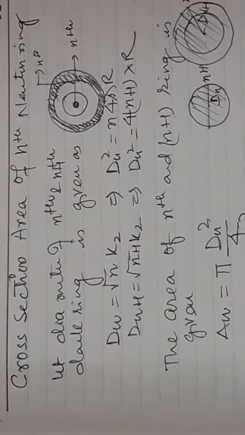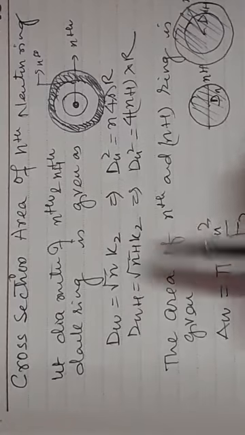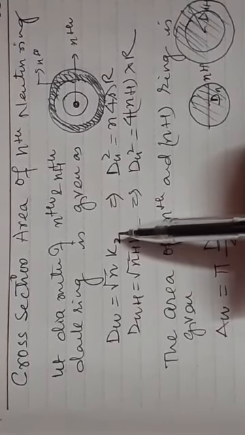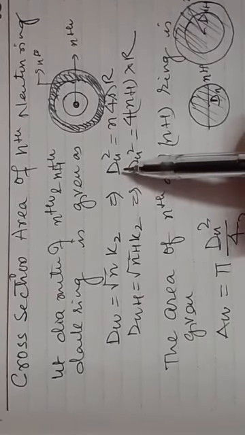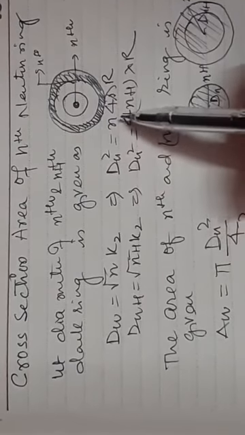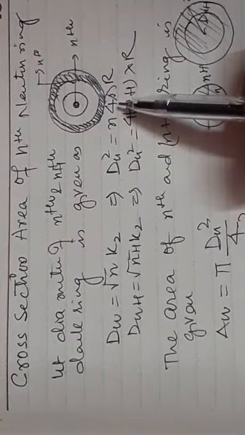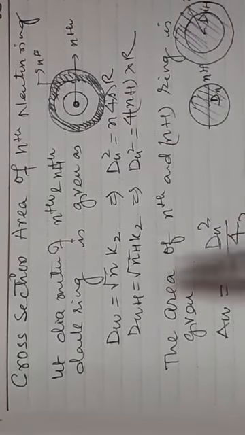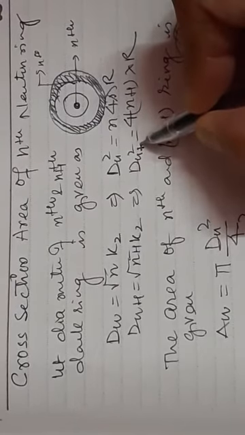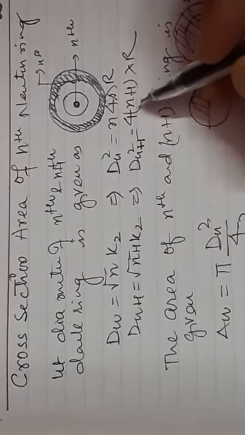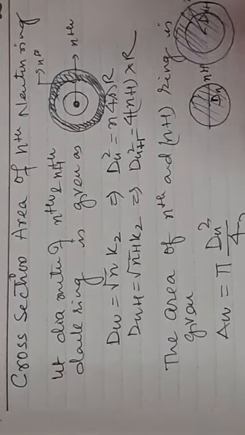Let the diameter of the nth and n plus 1th dark ring be given as Dn equals under root of n k2, or rather, squaring both sides, we get Dn square is equal to 4 n lambda r, as well as Dn plus 1 square is equal to 4 n plus 1 lambda r.